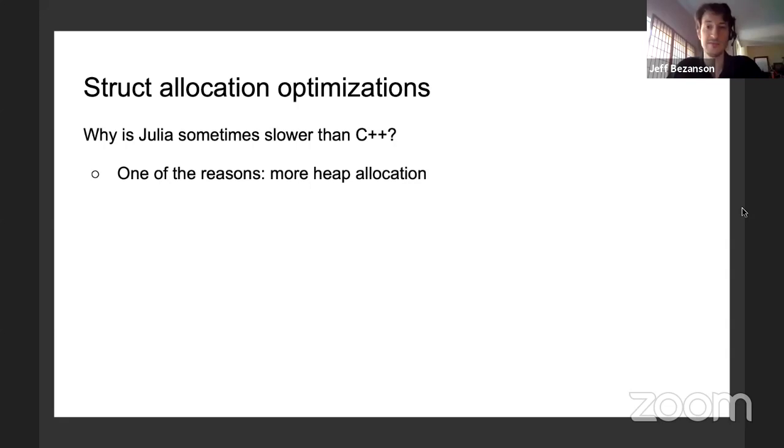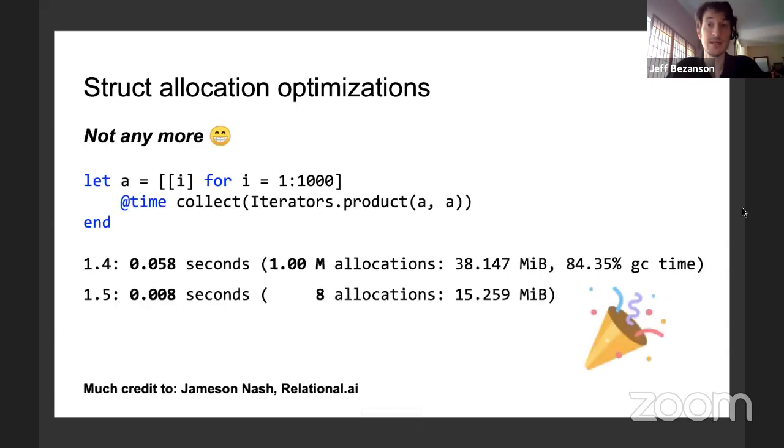There are a handful of reasons why Julia might be generally slower than C++, and one of them, of course, is heap allocation. Like most high-level languages, Julia will tend to heap allocate a lot more objects than a C or C++ program. But not anymore.